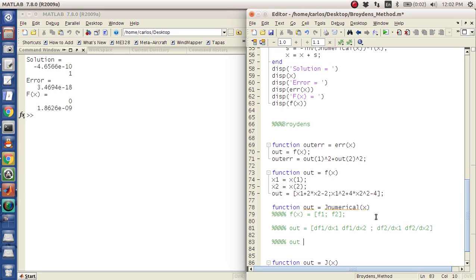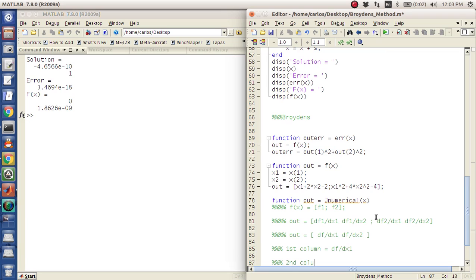Okay, so if we write that in vector notation, it'll be df dx1 and df dx2. So basically the first column is df dx1 and then the second column is df dx2.